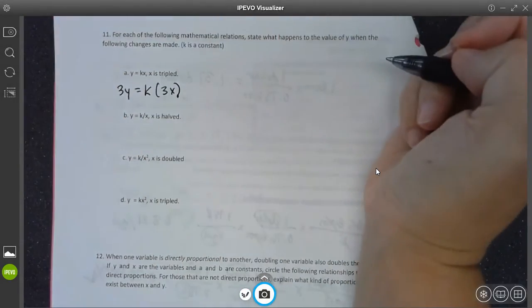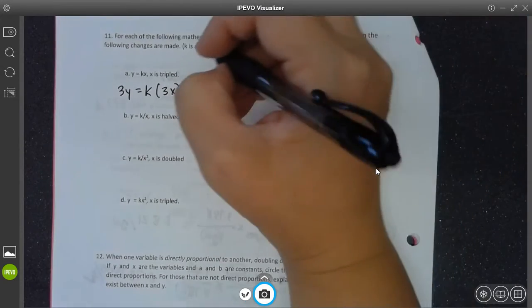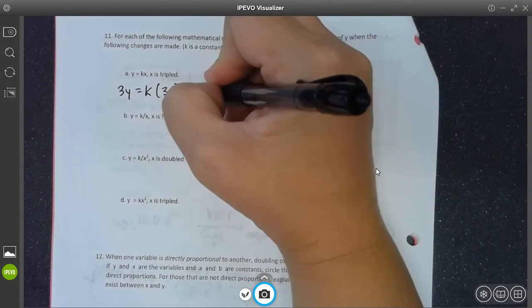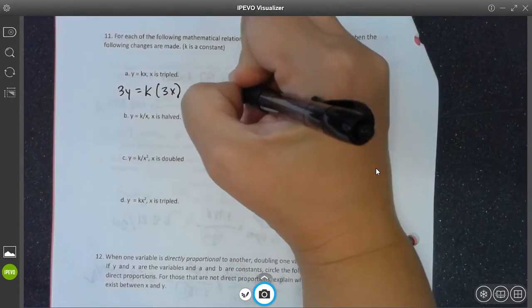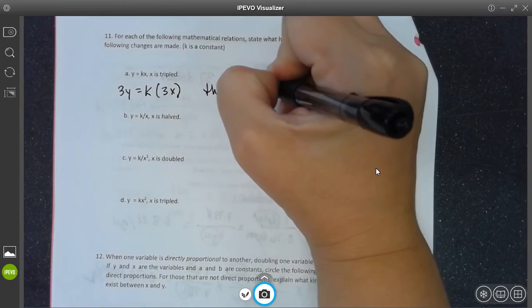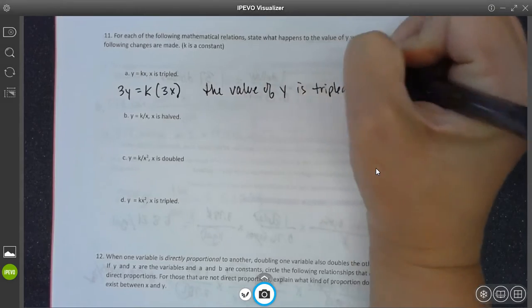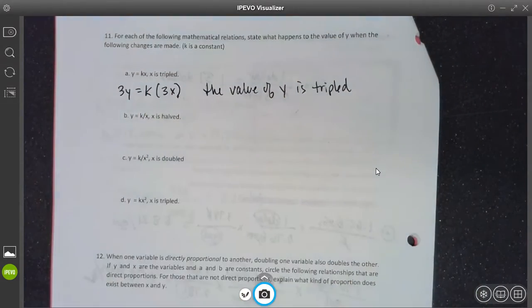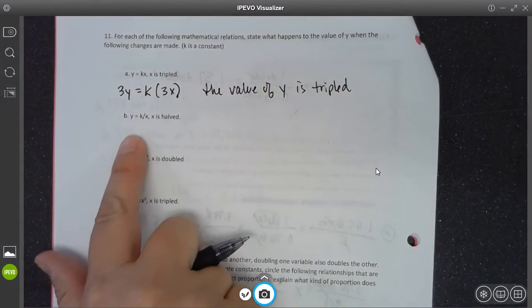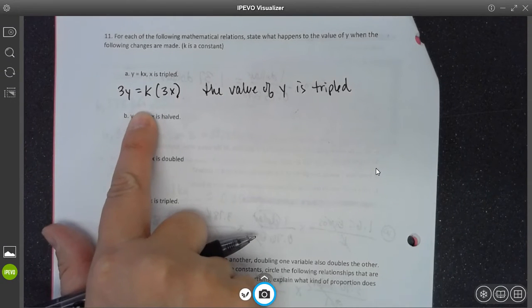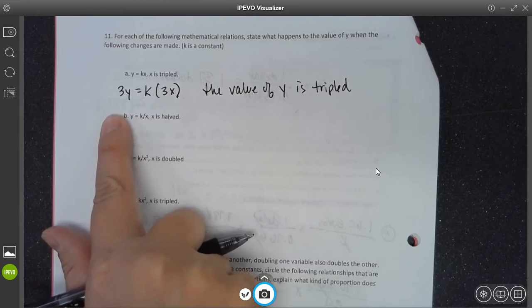So the value of y is tripled. So if x is tripled, then y is tripled. You guys have questions about that first one? You see what we're doing? We're trying to make them equal on both sides if we're changing one side in some way.